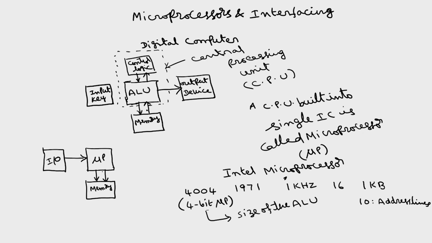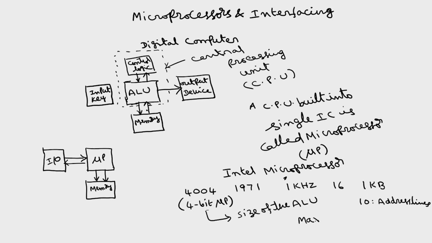This is also bidirectional because it is I/O. From input the data will be taken in this direction, and from the microprocessor the data will be output in this direction. Here this requires 10 address lines and 1 kilobyte of memory.